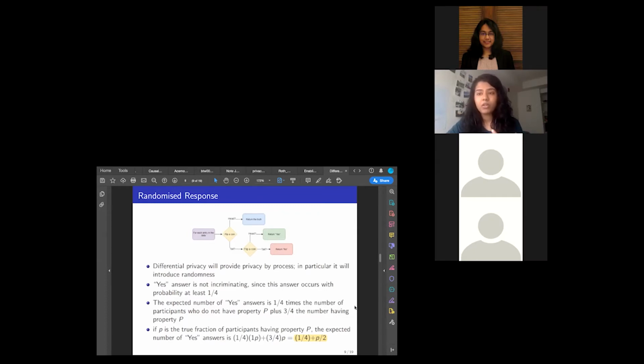It's not going to be exact because this is still, at the end of the day, an expected value, but it's going to be around the accurate value that you were searching for, which is a pretty good deal considering that everyone's privacy is protected and you still have a decent answer regarding how many people did participate in drug abuse at some point of time. So this is how randomized response works.